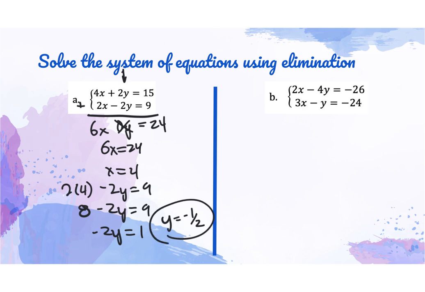All right? On the next one, you're not going to have it lined up perfectly right away. But you see how I have this one by itself, basically? I'm going to multiply this whole thing by negative 4. So I'm going to keep the top one the same. The bottom one, I'm going to multiply everything by a negative 4.